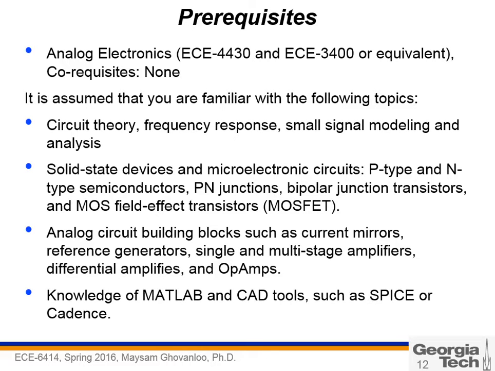And in addition, some very basic building blocks which are covered in 4430, such as current mirrors, reference generators, single and multi-stage amplifiers, and basic op-amps and differential amplifiers. Again, you should have seen these in your earlier courses.